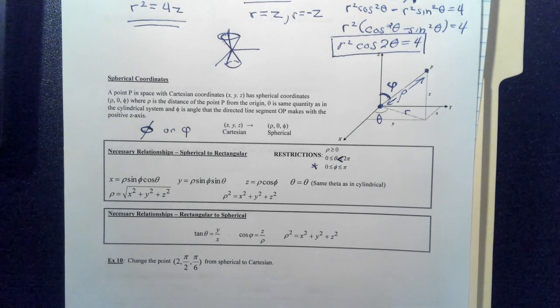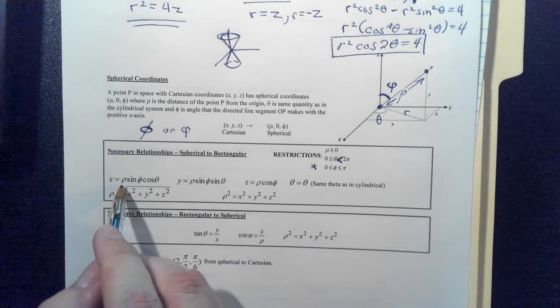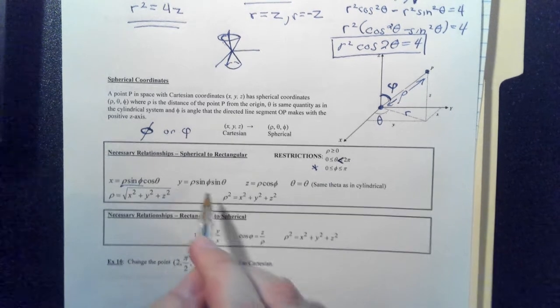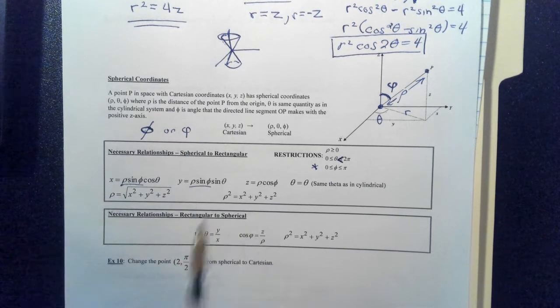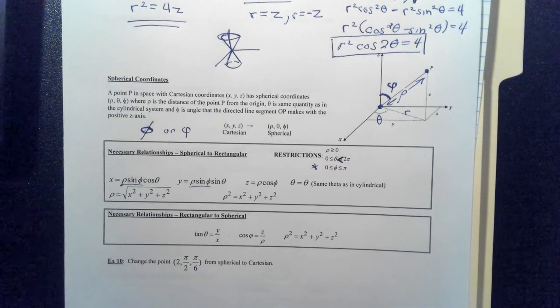Now we should think about why some of this works. Right here, rho sine phi cos theta and rho sine phi sine theta are the conversions to get x and y from spherical coordinates. I think about that for a minute, and I realize in cylindrical and polar coordinates, x is r cos theta, y is r sine theta.